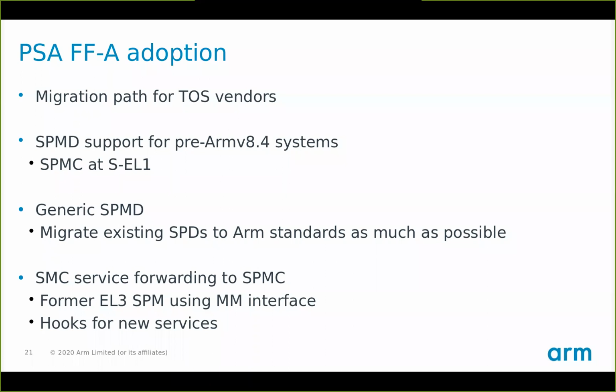Right. So the migration path, at least from an architecture perspective, is twofold. One is that the interface that the secure partitions, or the standalone MM secure partitions, use to talk to the partition manager would turn into FF-A. That's the first step. Secondly, the normal world interface, which uses MM Communicate, would start using the FF-A ABIs.